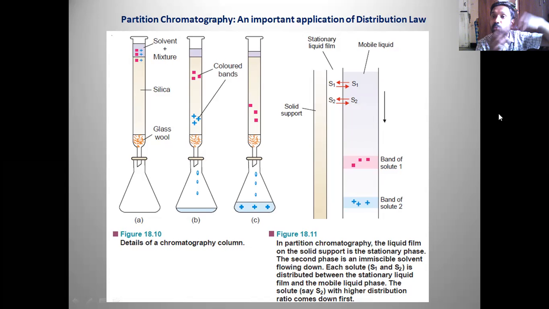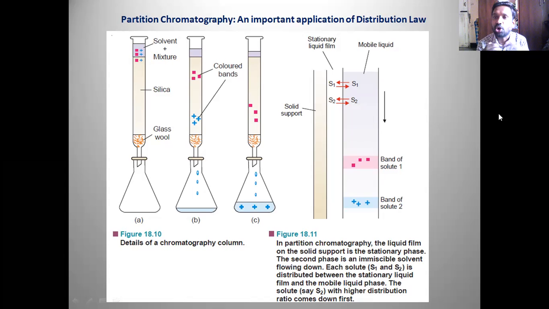In our previous examples, both the phases were immiscible liquids. Distribution was initially given for liquid-liquid systems, and then with the discovery of chromatography, it was extended to solid-liquid systems also.